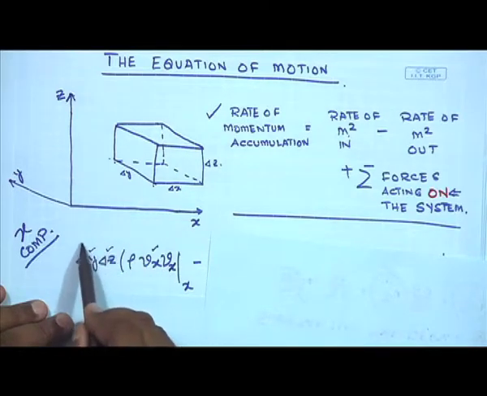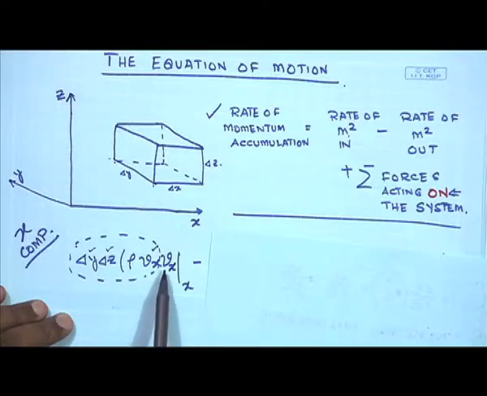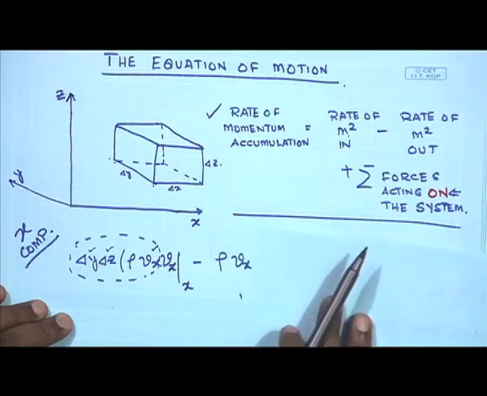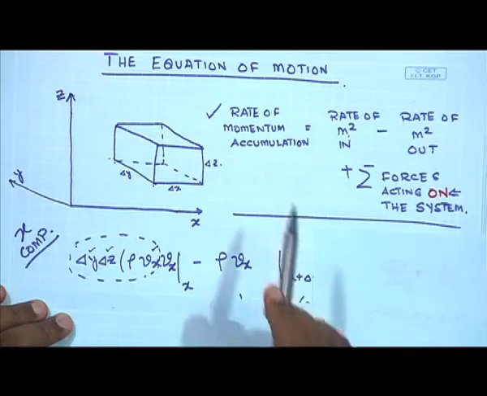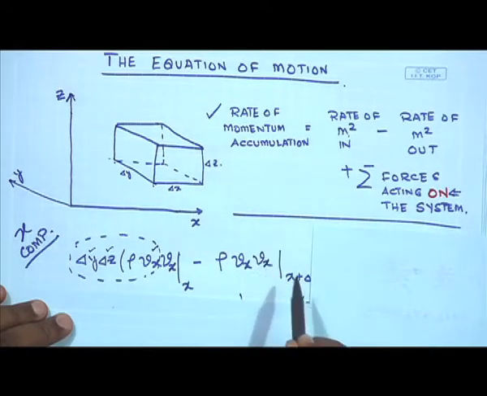Up to this is the mass of the fluid which is coming in through the phase at x. Multiplying it with another Vx gives me the rate of momentum coming into the control volume. And when we talk about the momentum that's going out, this would again be a Vx, but evaluated at x plus delta x.